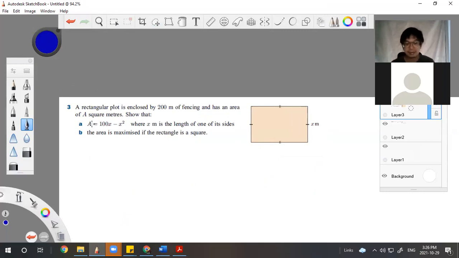Fence cannot be put inside, fence is always on the edges, on the perimeter. So if we have x as the breadth, and the area is A square meters. So what is 200 then? 200 is the breadth plus length plus breadth plus length, right?